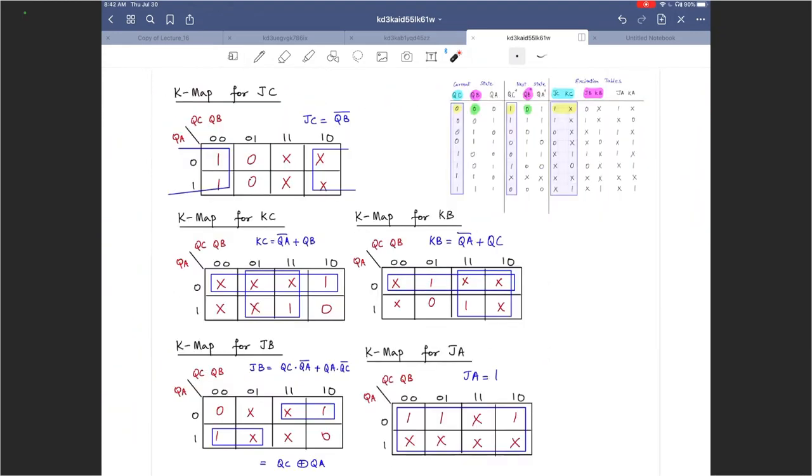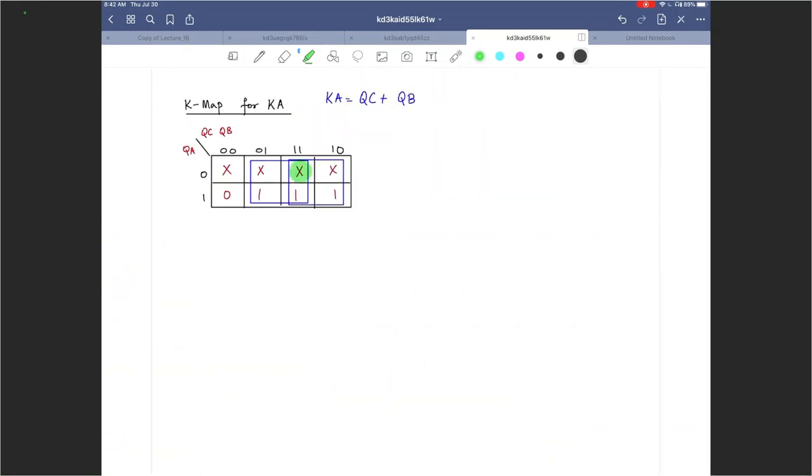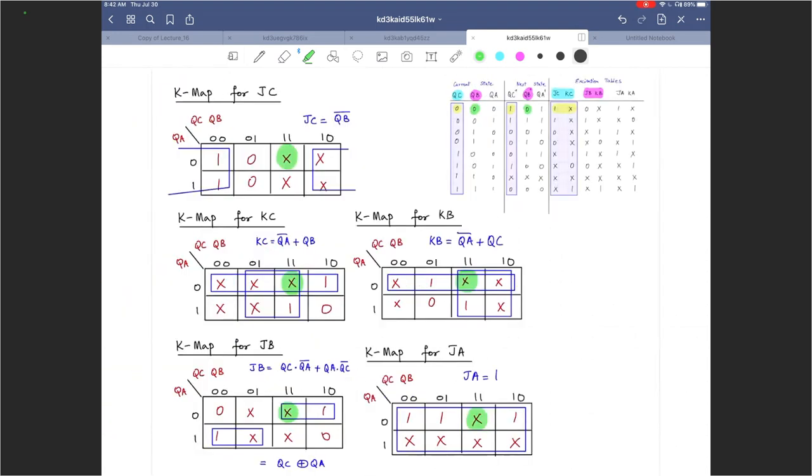So let's try to figure that out. Go to the K-maps, and this is why I actually drew out all the K-maps. Take a look at which cell corresponds to 6. QC has to be 1, QB has to be 1, QA has to be 0. I'm going to indicate that in green right here. That particular cell is the one that we are interested in observing.